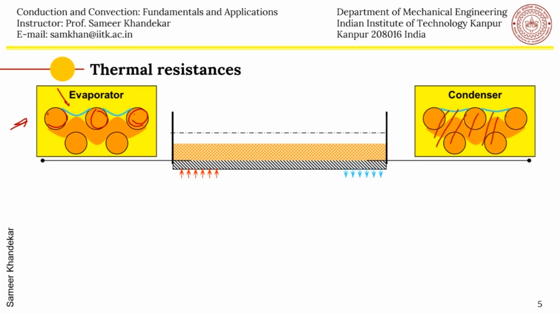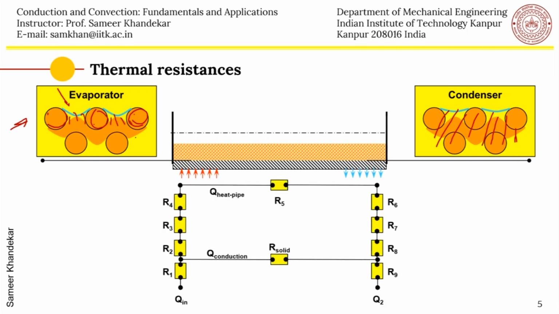It has to travel through the metallic tube, as can be seen here, and then it goes to the porous media, then vapor is formed, then the vapor has to travel towards the condenser, and then it condenses here, and the heat has to go out of the container.